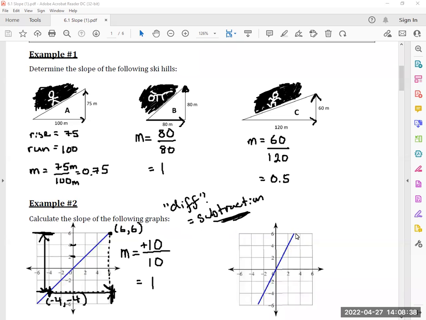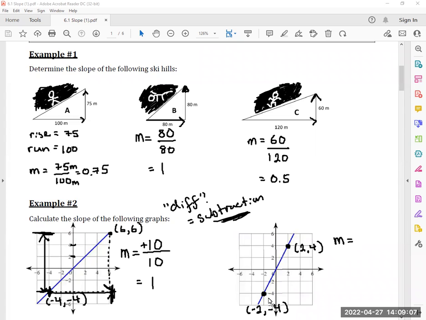Let's try this one. Once again, if you were to calculate a slope, what you're trying to do is identify a triangle. This point looks pretty nice. That is point -2, -4, because x comes first. And this looks pretty nice. That is 2 and 4. What is my slope? Let's backtrack. What is my rise?